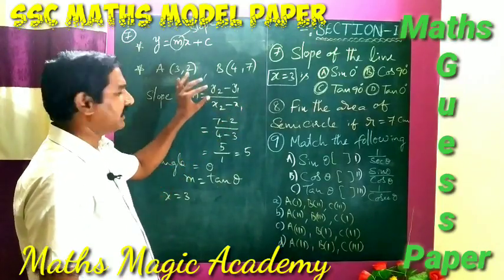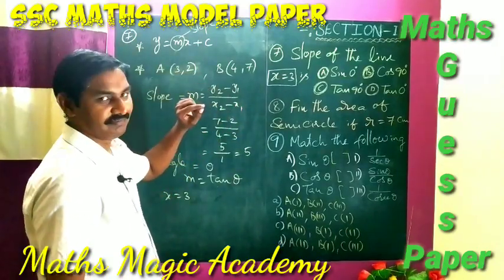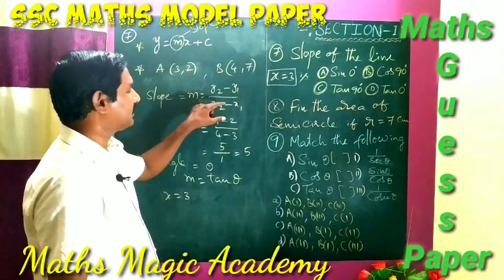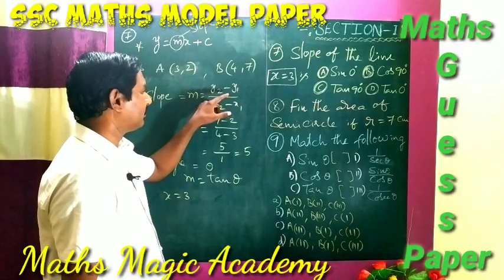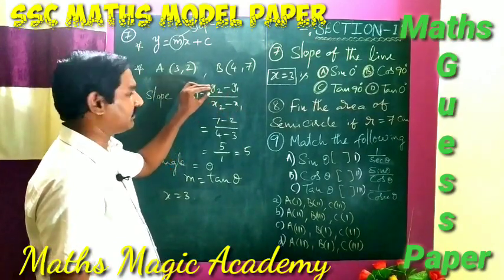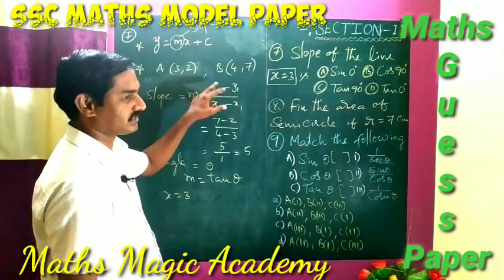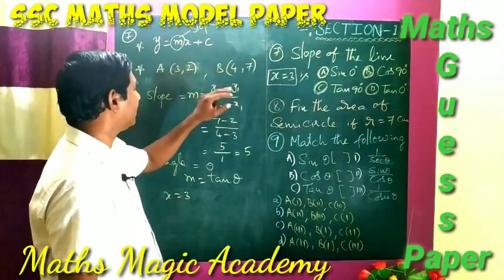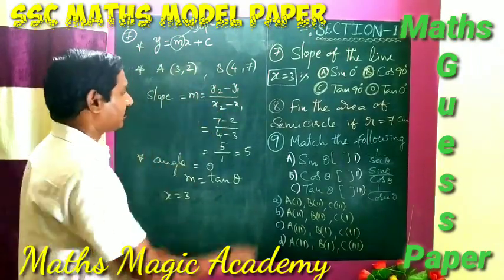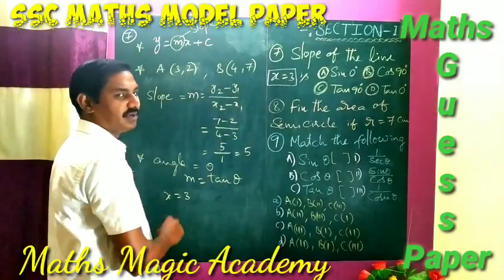That means here the change in y by change in x. It is not exactly y2 minus y1 like that. We can take any difference of y coordinates and x coordinates. Whatever the order we follow in the numerator, the same order we have to follow in the denominator also.